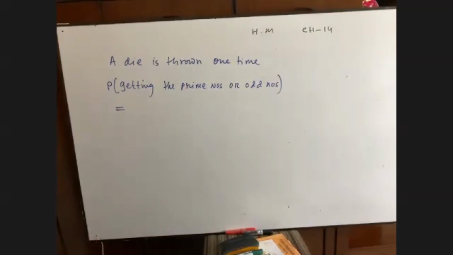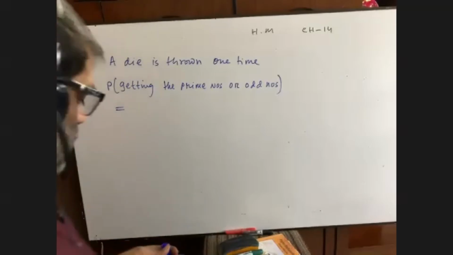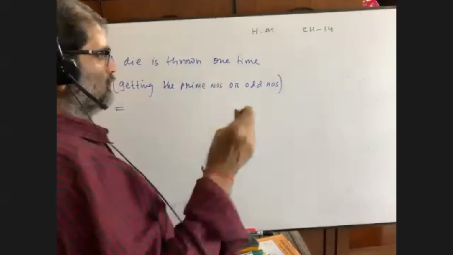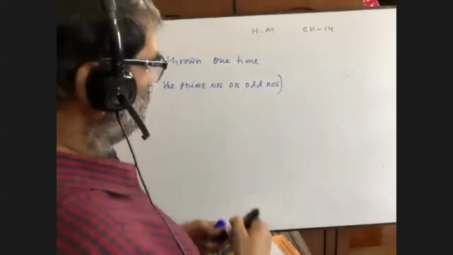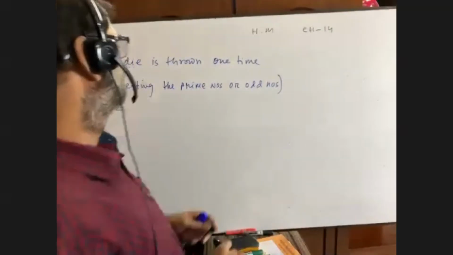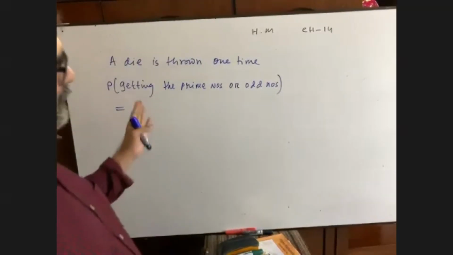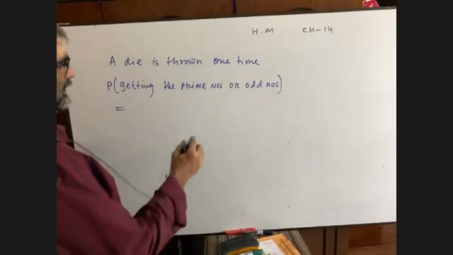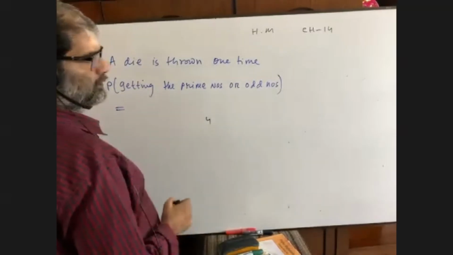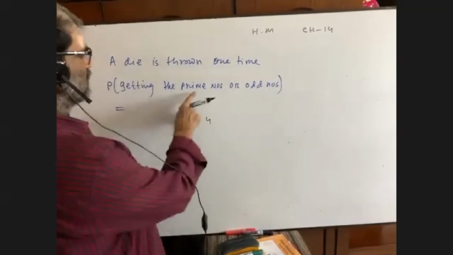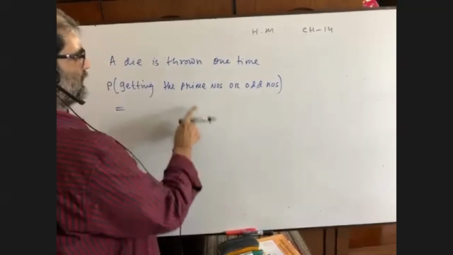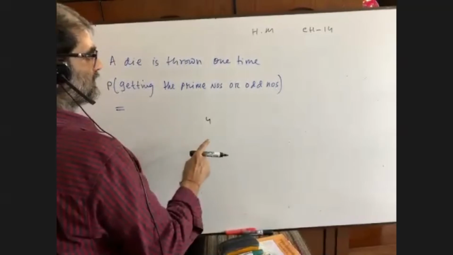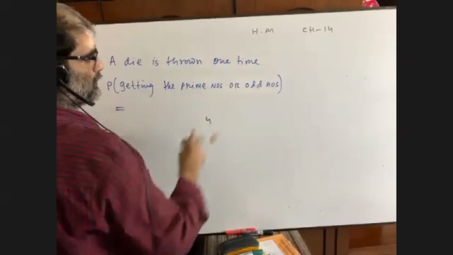Definitely not. How is it possible? One is a universal truth. Is it universal that you will get a prime number or an odd number? Can you get 4? Yes, you can get 4. So 4 is neither prime nor odd.